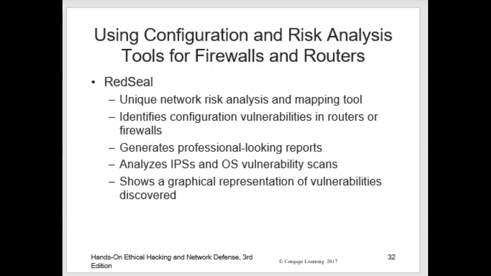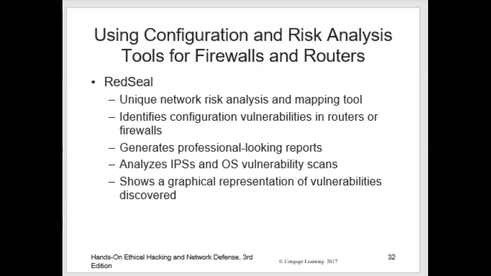Now, there's a configuration risk and analysis tool for firewalls and routers called Red Seal, which can identify configuration vulnerabilities in routers or firewalls, right? Red Seal can analyze the IPS as well as OS vulnerability scans of a network to produce a mapping, which is quite useful.